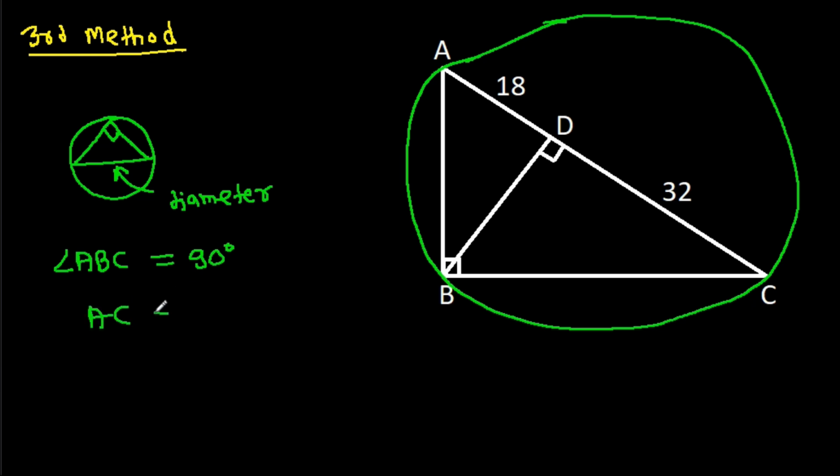That means AC, it will be diameter, that will be 2 times radius.